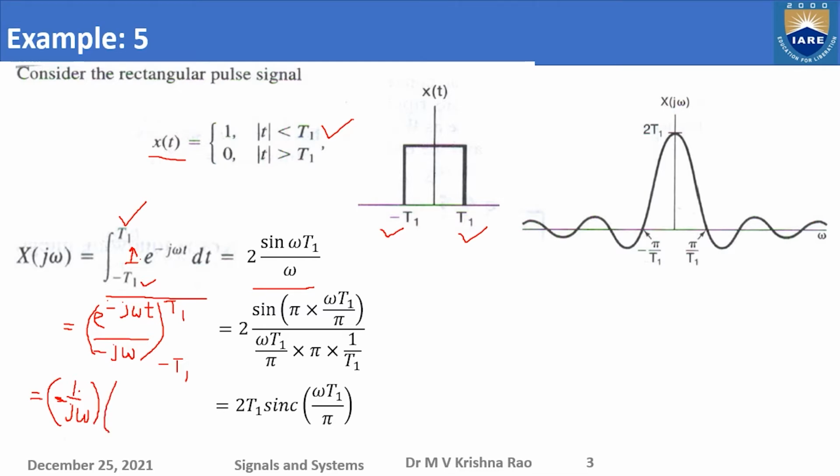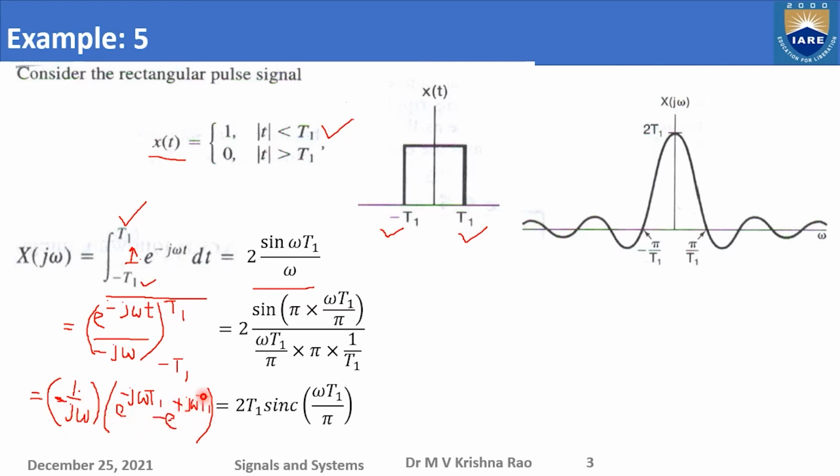Now after I substitute, I will get e to the power of minus j omega t1 minus e to the power of minus minus, that is plus j omega t1. Take the minus outside; this minus and this minus will get cancelled. This is the plus term, and here I will get minus.